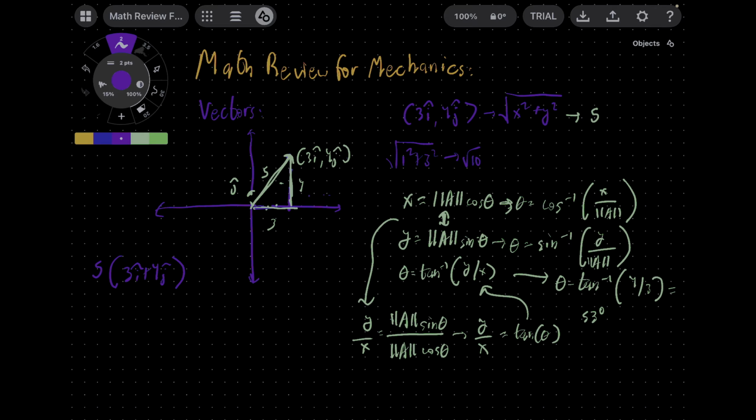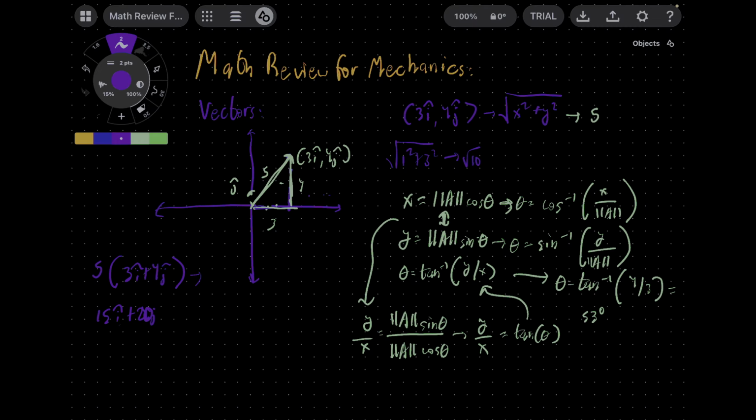This is actually the actual way of writing the vector. The other form is just expressing the coordinates of the vector. When we are adding or subtracting, we will always use the plus form. What we do is we would just use the distributive property. So 5 times 3i hat plus 5 times 4j hat is 15i hat plus 20j hat.